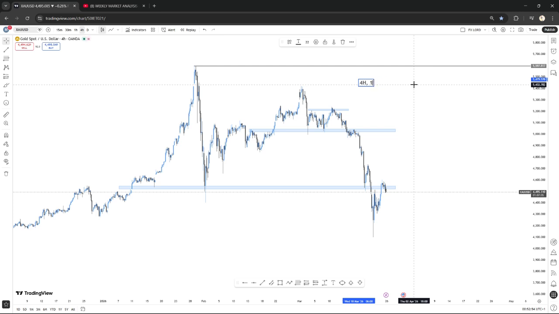So higher time frame. Okay, let's do it this way. Higher time frame, you need the 4 hour, and you need the 1 hour. Sometimes you need the daily time frame, but most times the daily time frame does not really align.